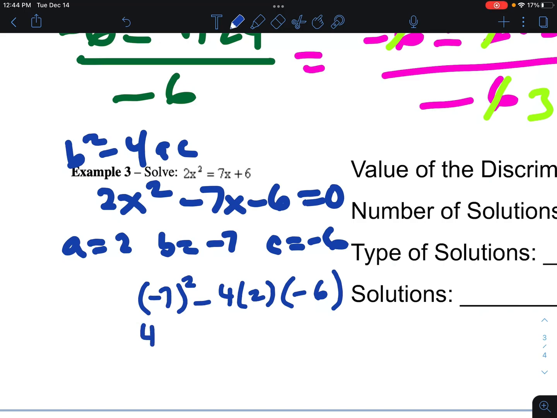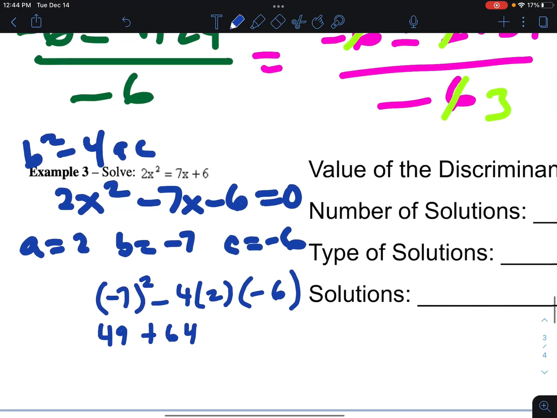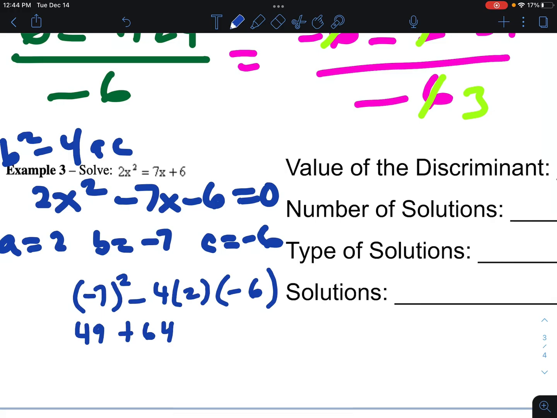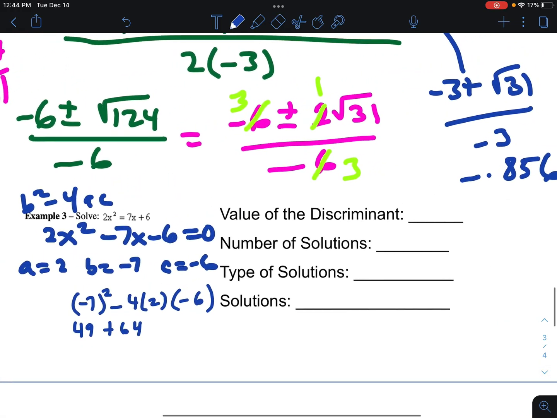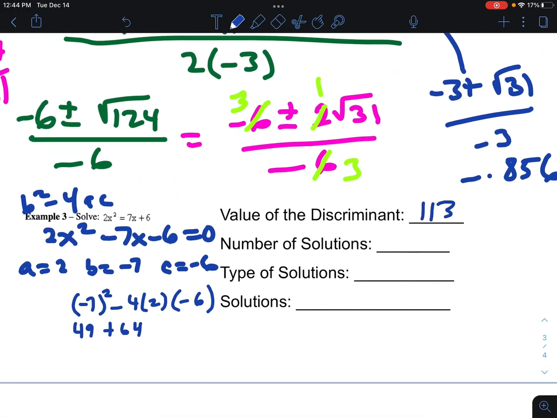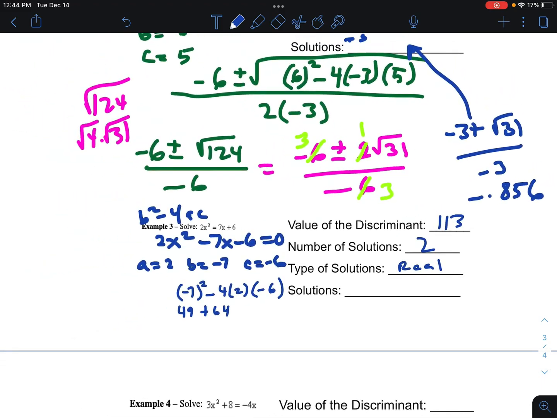So we got 49 and then 24 times 2 is 48. And then 49 plus 48 looks like it's 113. Again, 2 real. And then we have to go through and find out those solutions.